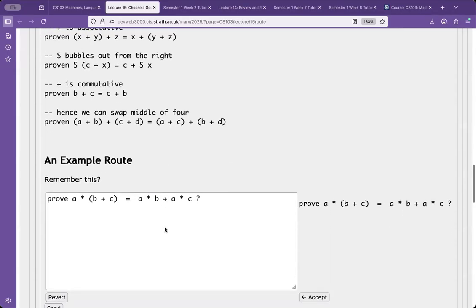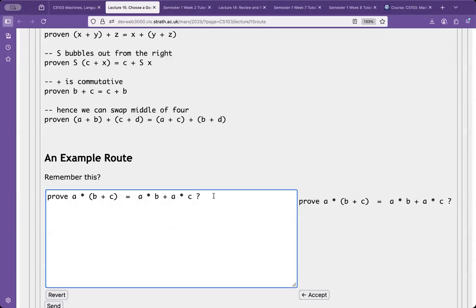All right, so where we're going to arrive here is proving that multiplication by A is a monoid map from plus to plus. So that's to say, if you add stuff up and then multiply, you could have multiplied the individual things and added up afterwards.